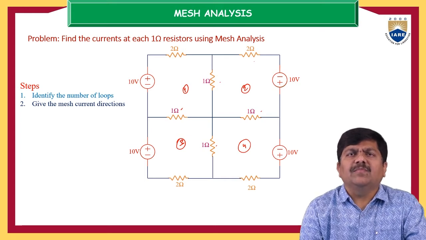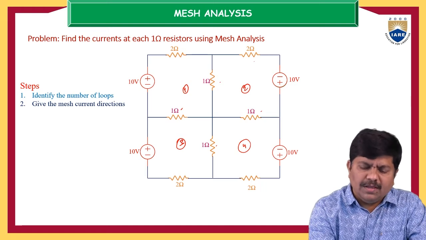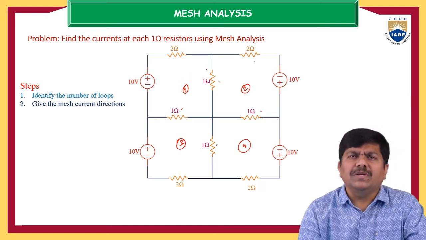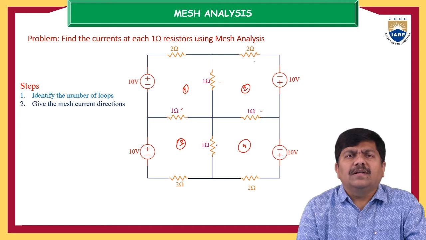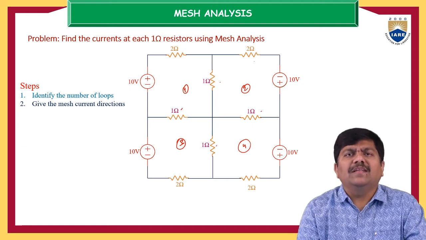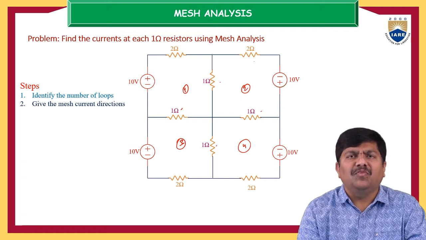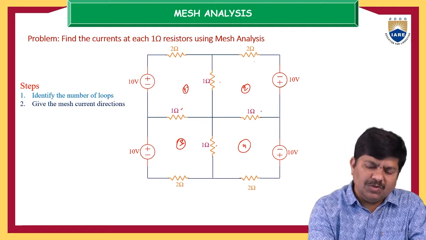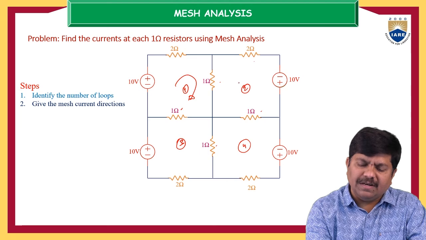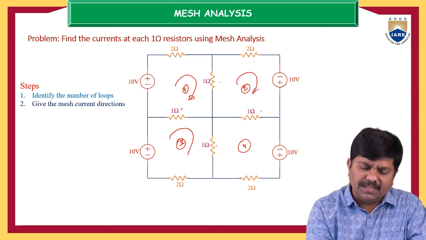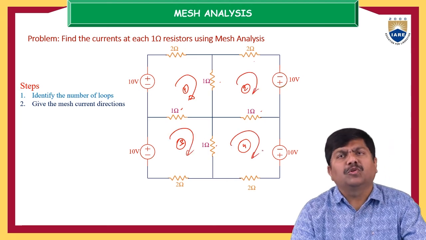The second step is to give the mesh current directions. Arbitrarily you have to choose the current. To establish a current, it must find a closed path, and only then will it have some magnitude and flow in the closed loop. So this is our first mesh current, this may be the second mesh current, this the third, and this the fourth.